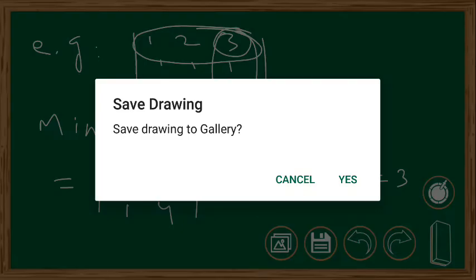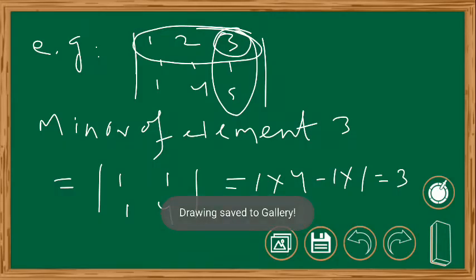Similarly, in the same case, if I asked you that you find the minor of element 5, right? Then I have to remove the row and column containing 5. Okay, so let me rewrite it. Suppose this one is 1, 2, 3, again 1, 1, 1 and 1, 4 and 5.